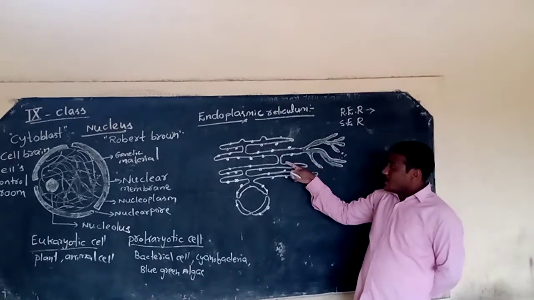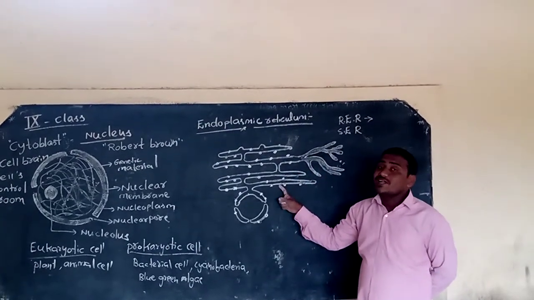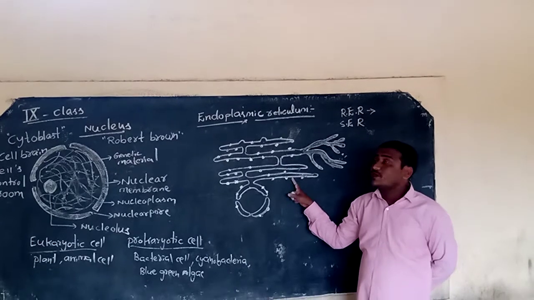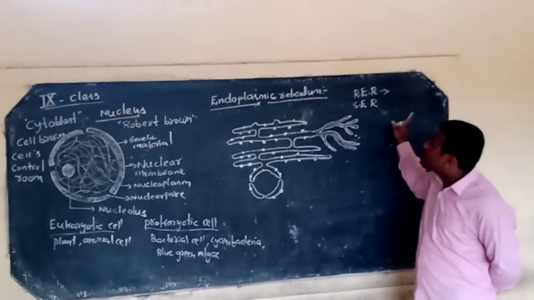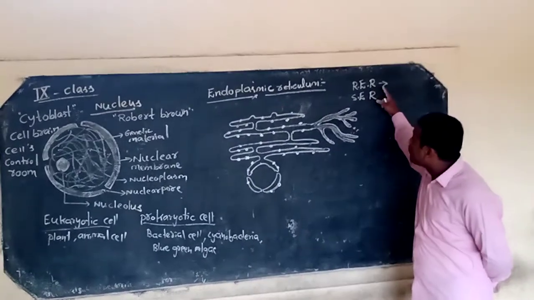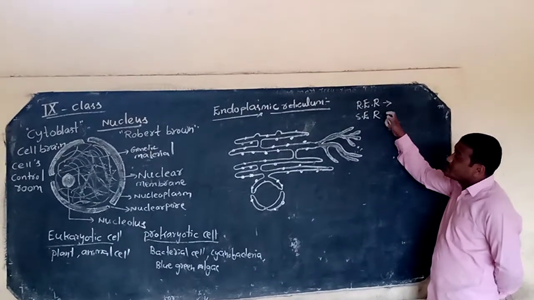If the ribosomes are attached on the surface of the endoplasmic reticulum, that type of endoplasmic reticulum is called rough endoplasmic reticulum.